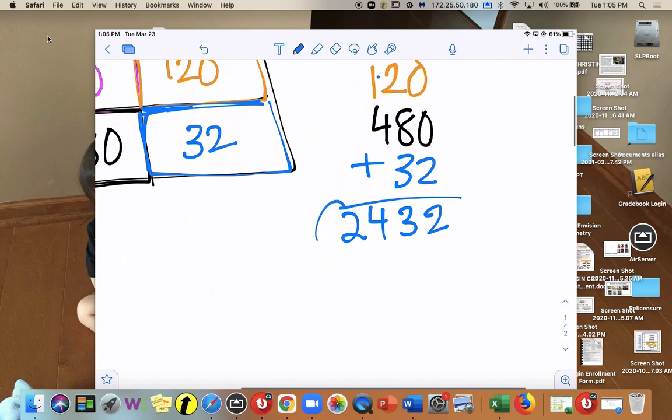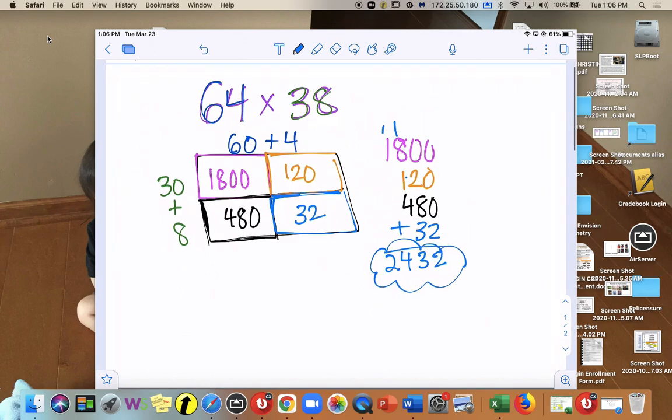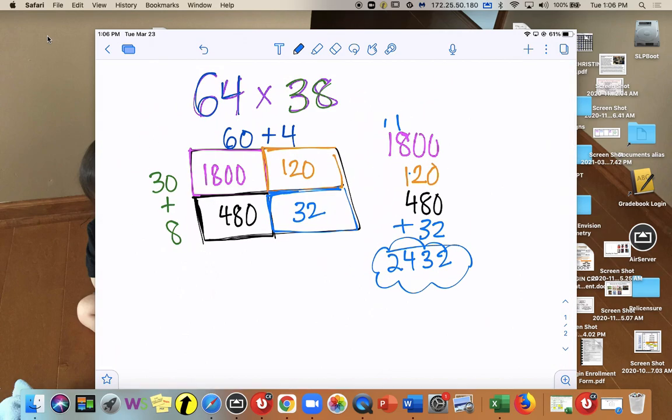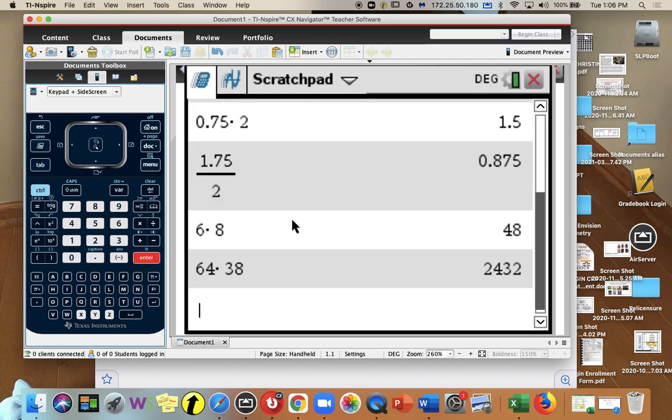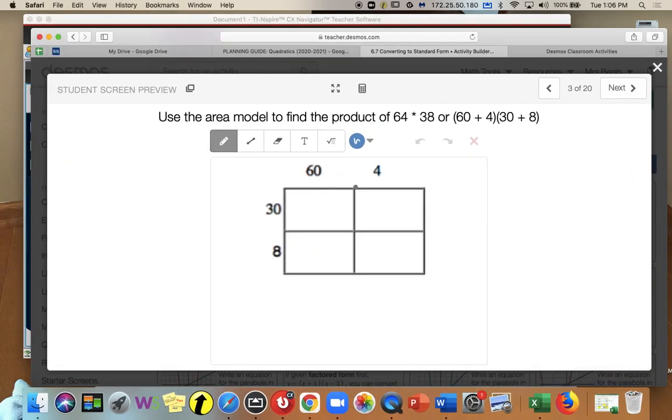All right, so I'm getting the product of 64 and 38 to be 2,432. Ooh, we should double check our answer. 64 times 38. Using the area model, did we get it? And we did. So that's one way that we can find the area. We can break it up into different parts and find the area of each rectangle being base times height.